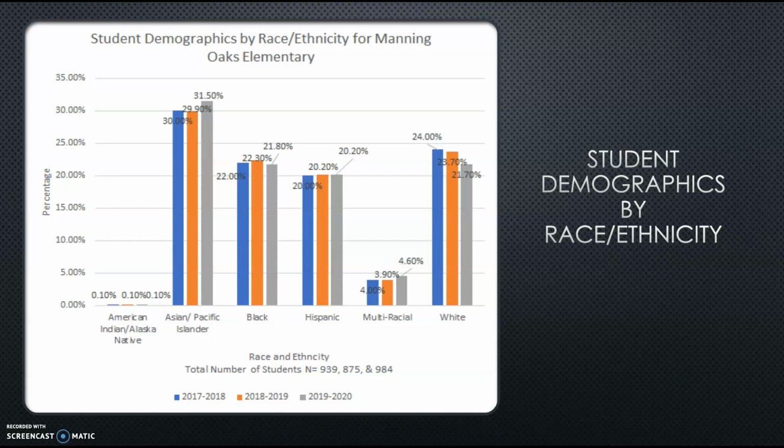This percentage is rising year after year because it started at 30%, went to 29.9%, and then jumped to 31.5%. Black, Hispanic, American Indian, Alaska Native, and multiracial seem to be very consistent percentages over the 3 years.